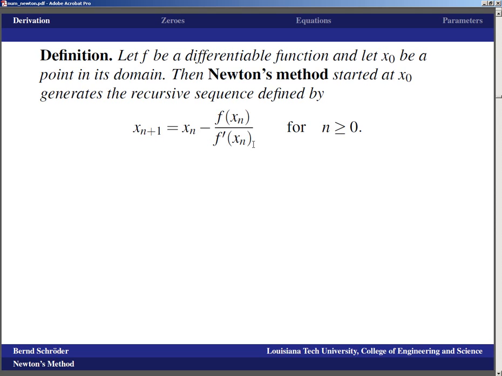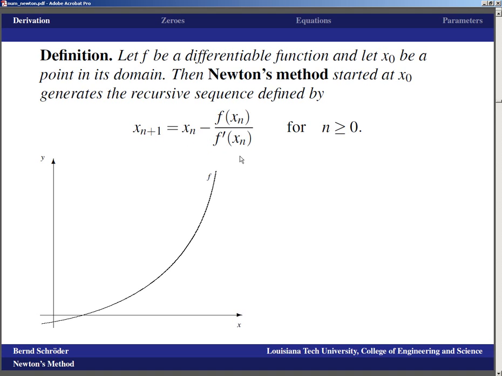And from the previous panel we know that this right-hand side is just the 0 of the tangent line of the function at x_n, so it's the 0 of the tangent line at the previous point. And the recursion then is that every next point is generated as the 0 of the tangent line at the previous point.